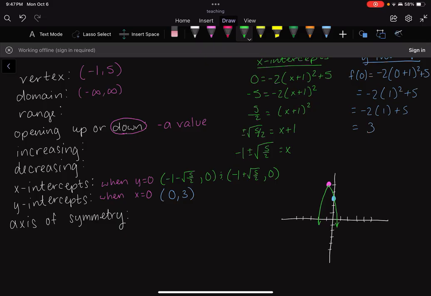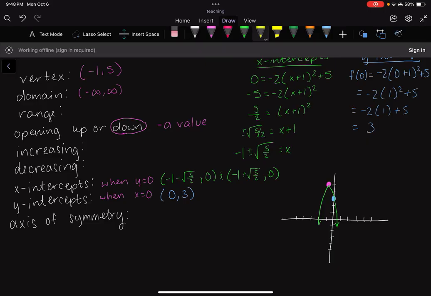I'm not looking for anything perfect. Those x-intercepts that we have, I'm not graphing them perfectly on there, and I'm not worried about graphing them perfectly on there. I'm just getting a little bit of a sketch, at least knowing that the x-intercepts are real values, meaning they don't have i in them. That told me that it should cross the x-axis. And so there we go, we already have a graph. Now we just got to finish the rest of it.